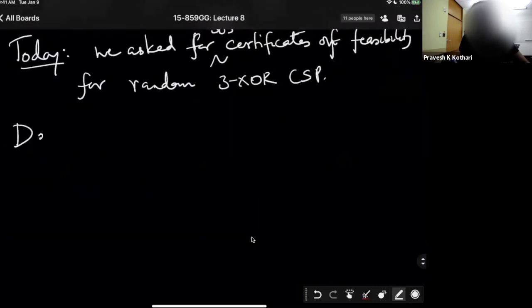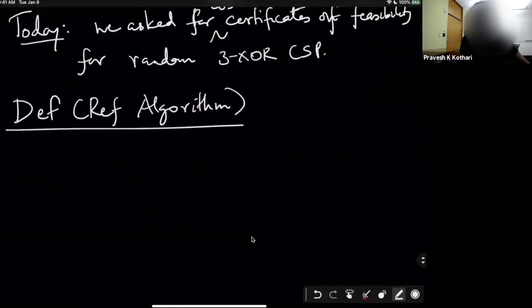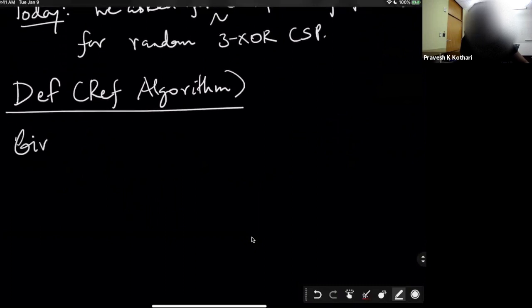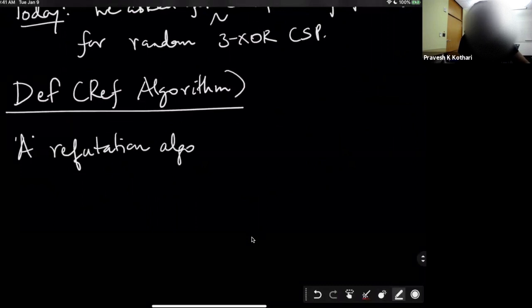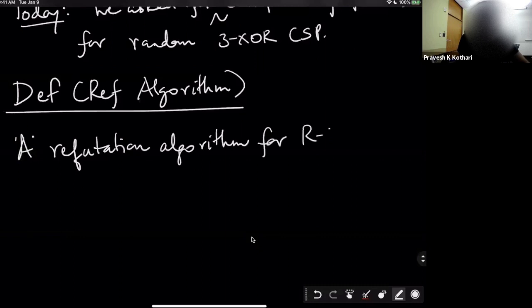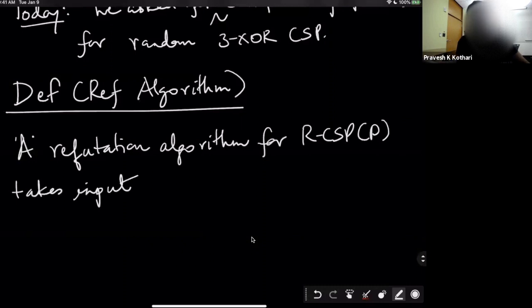So here is a definition. I'm talking about what is a refutation algorithm in general, okay?